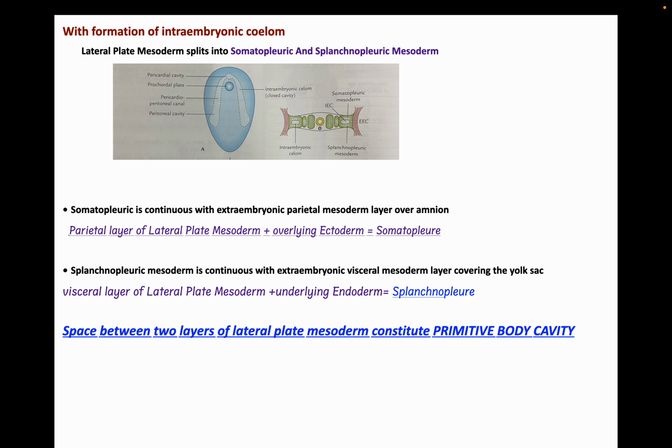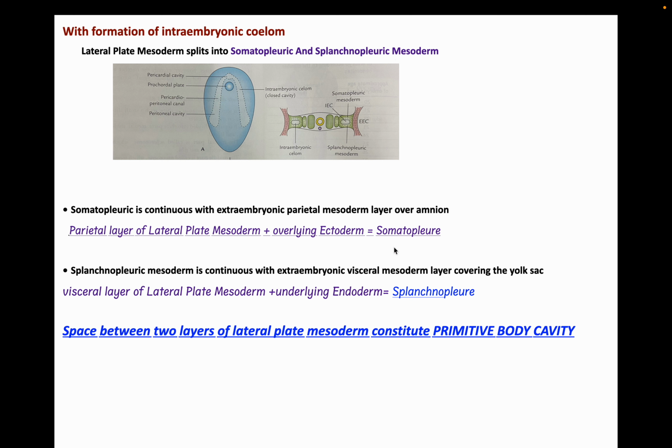Now with the formation of the intraembryonic coelom, first what we have discussed, the intraembryonic mesoderm appears between ecto and endoderm. Then the small cavities that appear in the intraembryonic mesoderm later on fuse to form a large cavity. Now with the formation of that intraembryonic coelom, the lateral plate splits into somatopleuric and splanchnopleuric mesoderm.